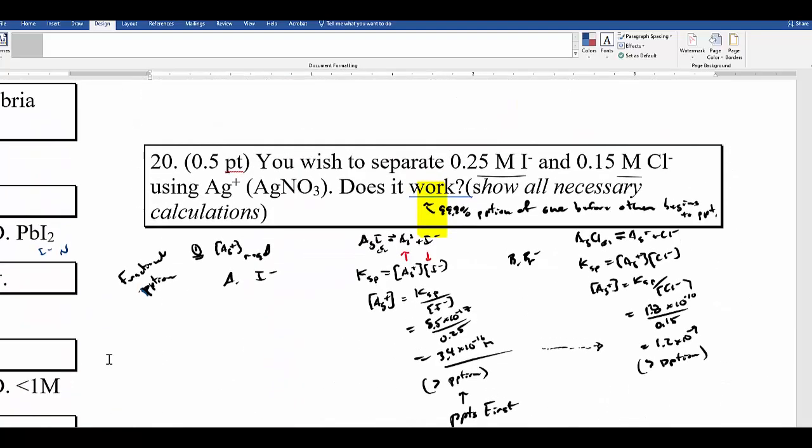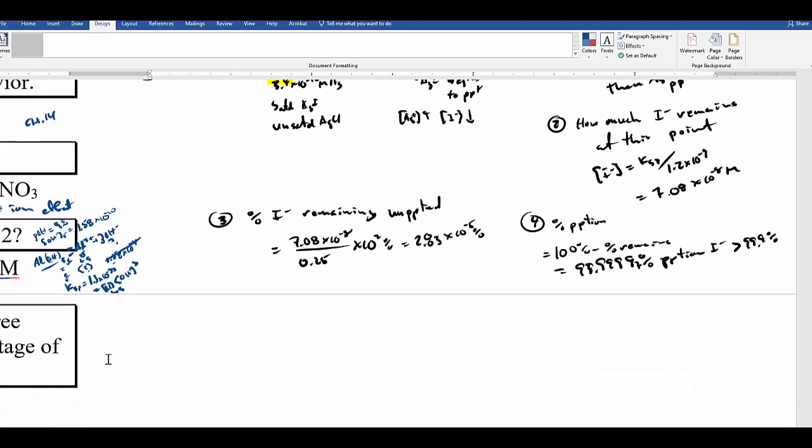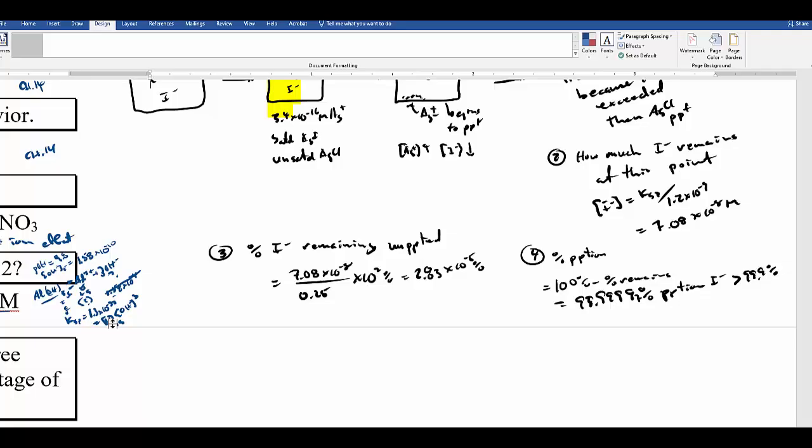before chloride precipitates. So does it work? Yes. So the answer is yes. We get complete precipitation. Complete is just not really complete; complete is 99.9%.